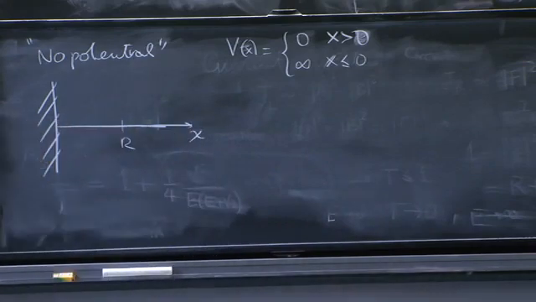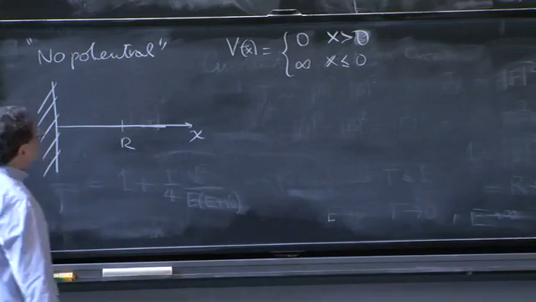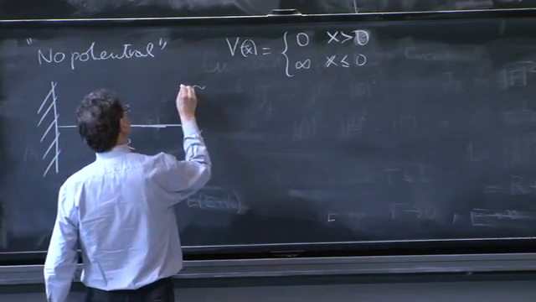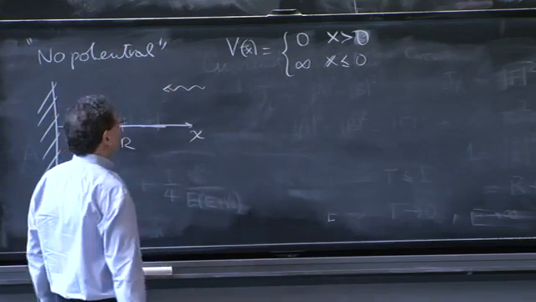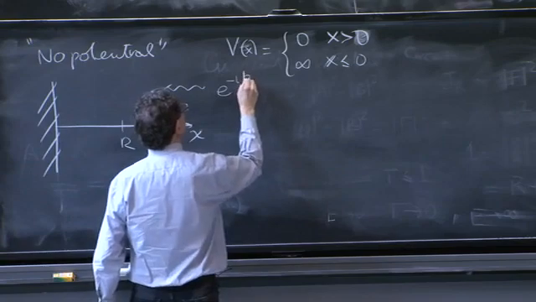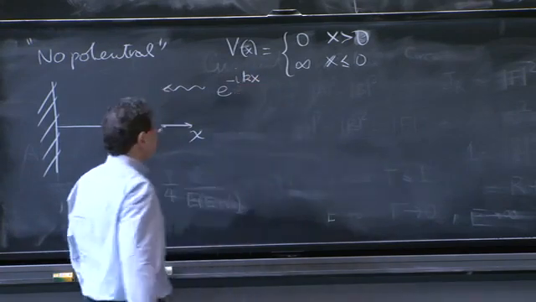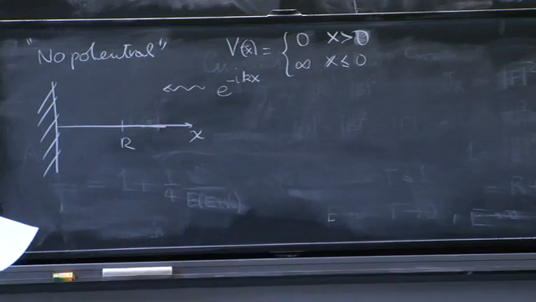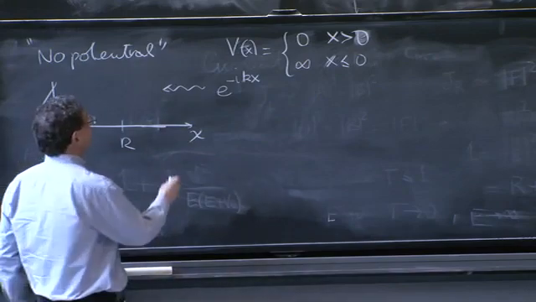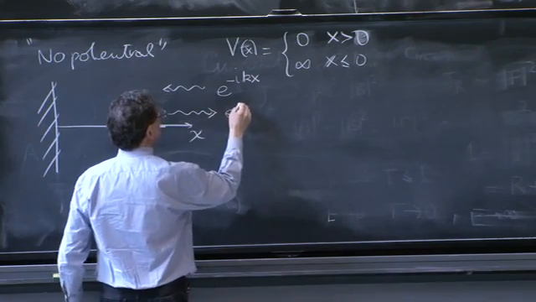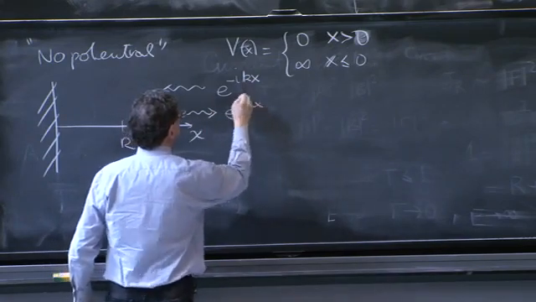So in this case, let's assume we have an incident wave. An incident wave must be propagating in this way. So an incident wave is an e to the minus ikx. And if you have an outgoing wave, it would be some sort of e to the ikx.